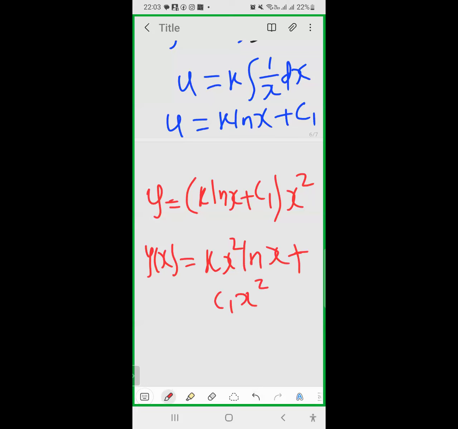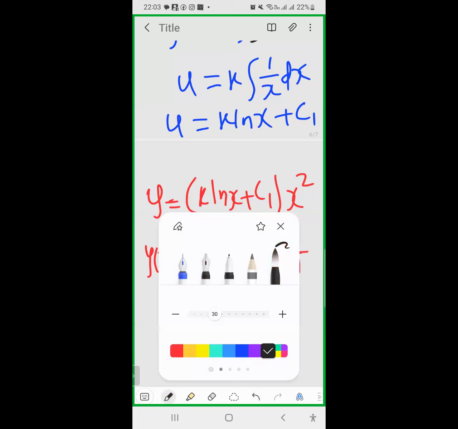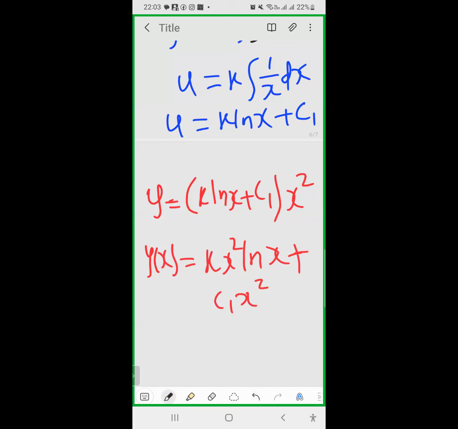Now, what will be the second solution? We know that by the method of variation of parameters, the particular solution is given by u1 y1 plus u2 y2. Hence, in this case, we can notice that our first solution is basically this, which will be y1.